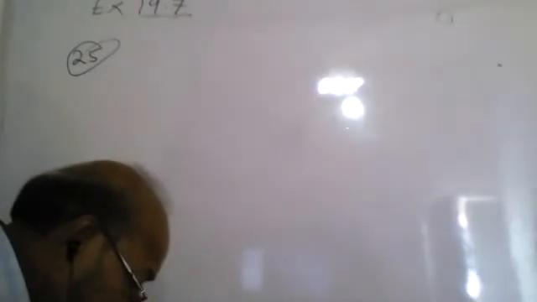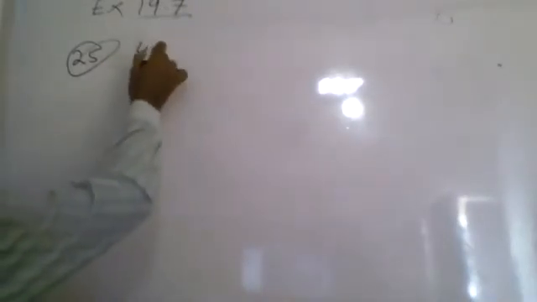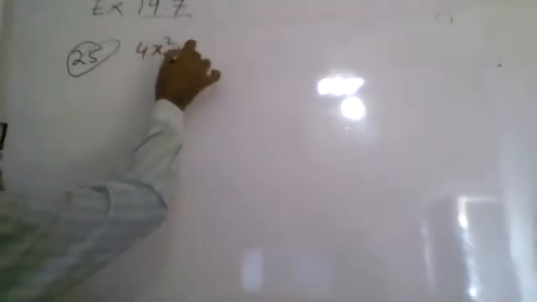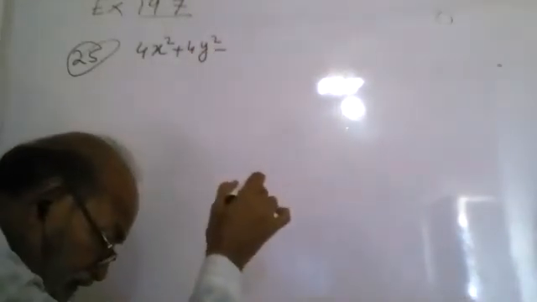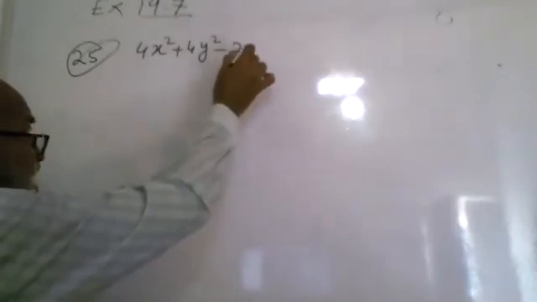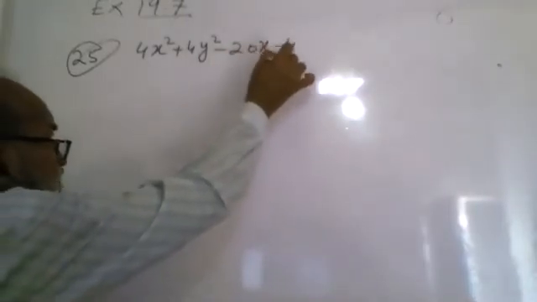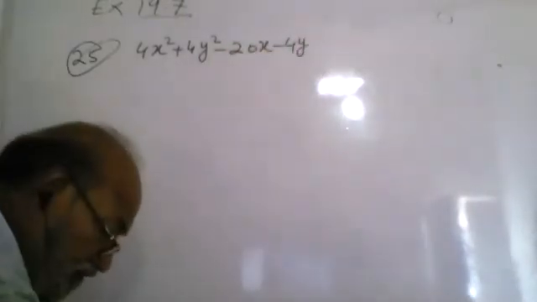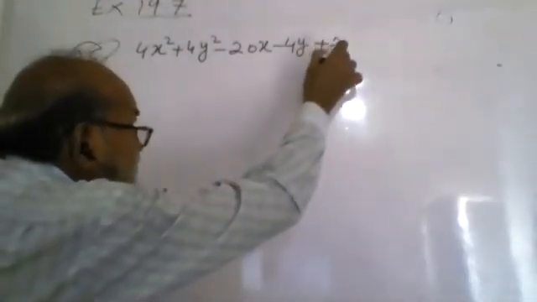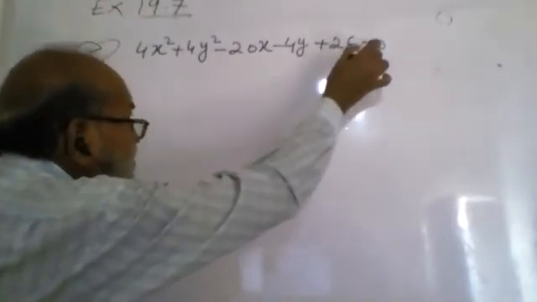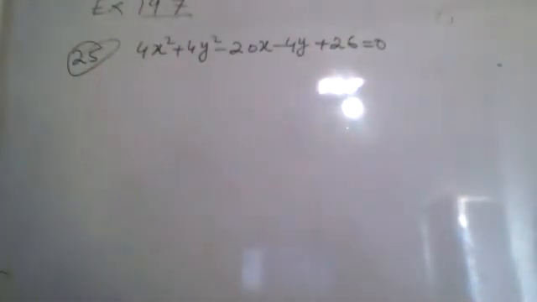Question number 25. Four x square plus 4y square minus 20x minus 4y plus 26 equal to 0. First of all, we will change into the standard form. How to change in the standard form?